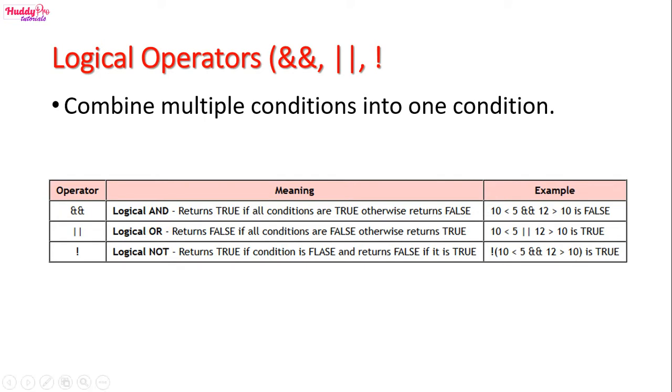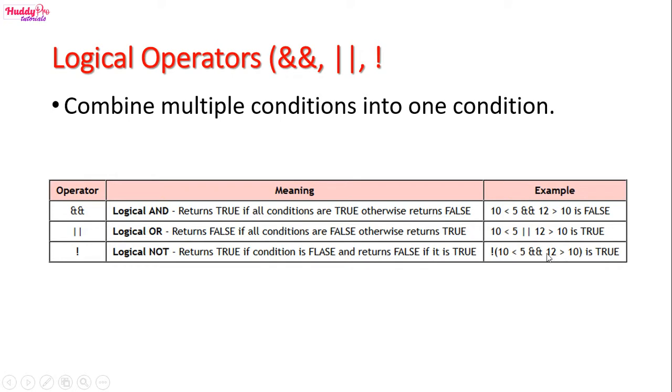So look at these conditions that we are comparing. Is 10 less than 5? Of course no, so we have false. And is 12 greater than 10? Of course yes, so we have true. We have a no and a yes, or a false and a true.